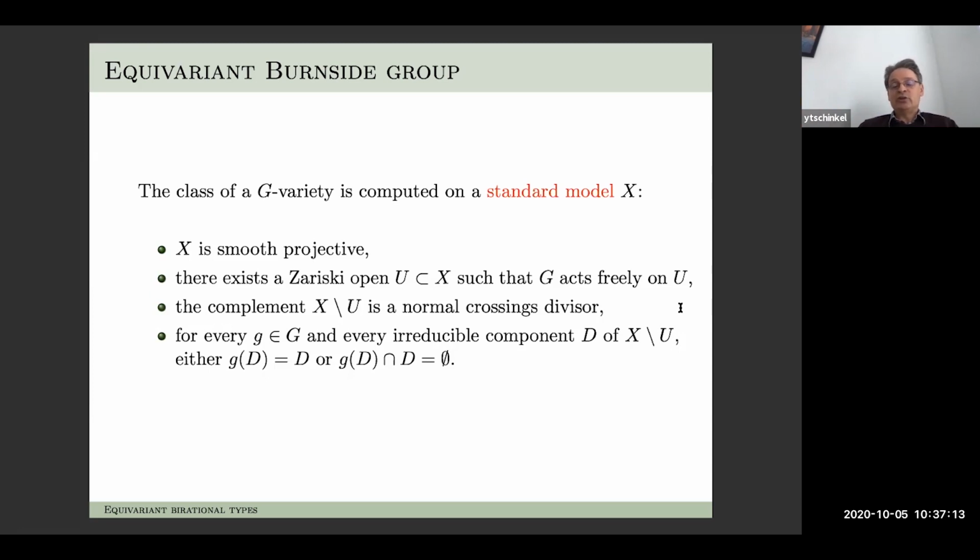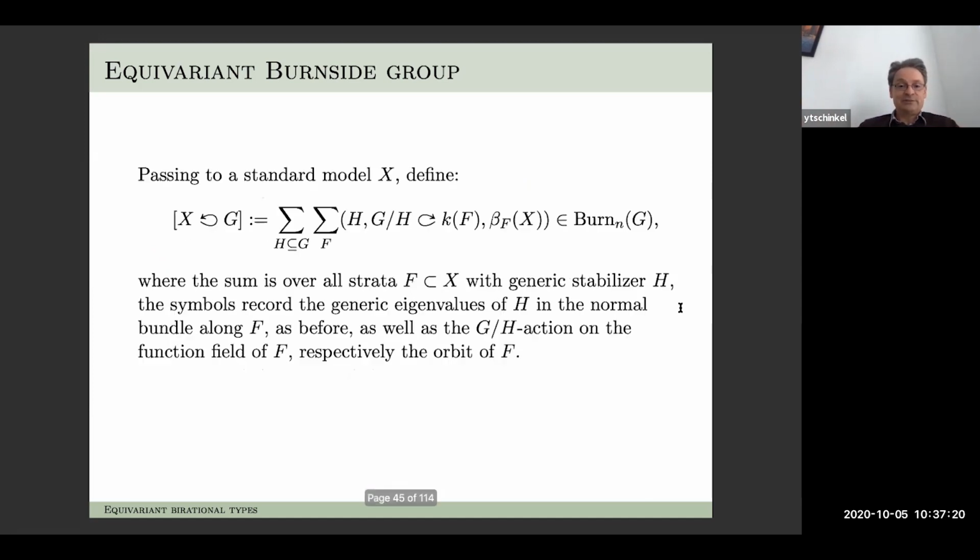And it turns out that you can achieve such a model after equivariant blowups, and once you have it, it will persist. And so this is how the invariant is computed then.